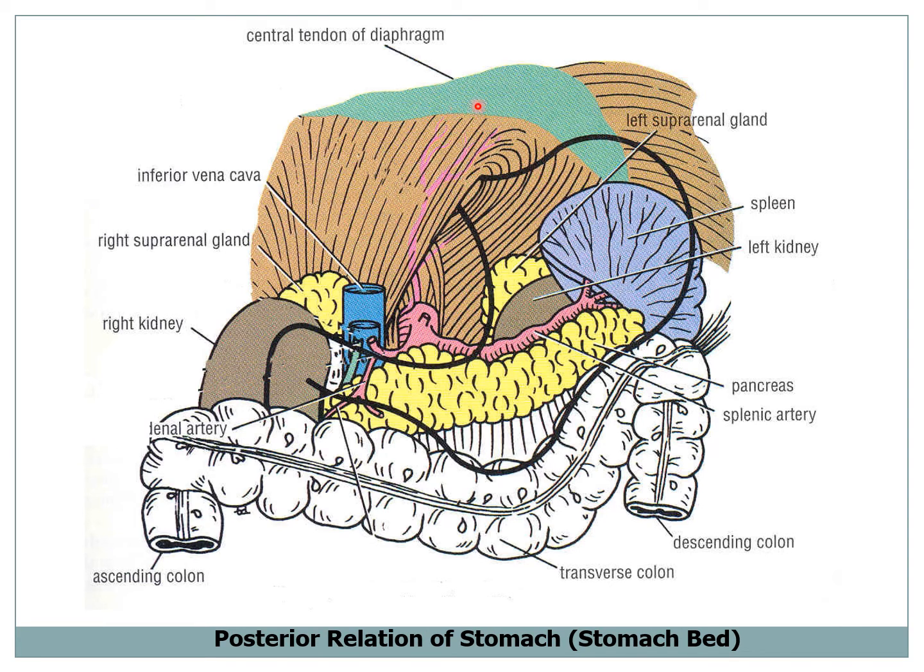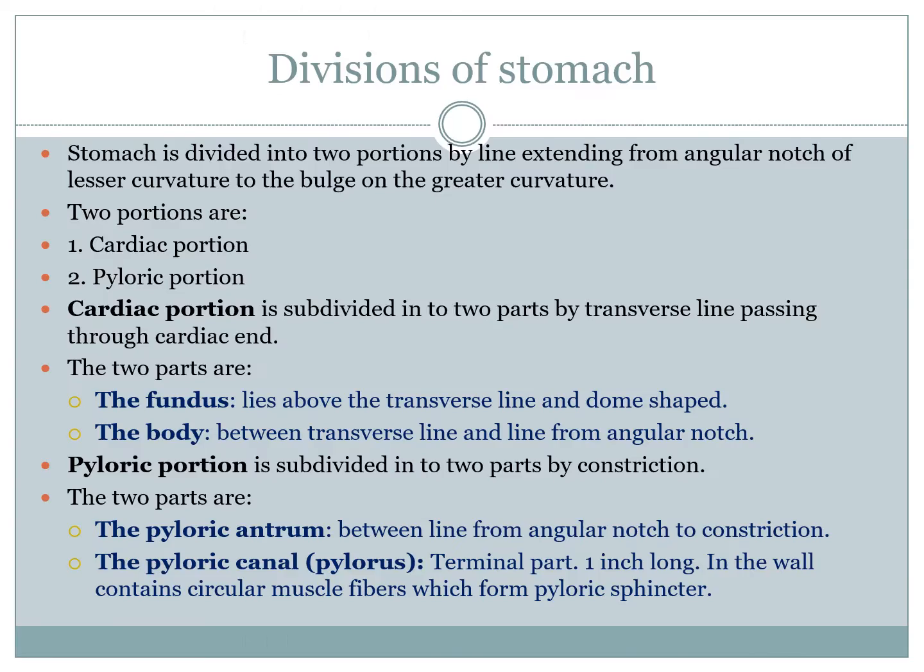This is the central tendon of the diaphragm, here there is the left suprarenal gland, splenic artery, spleen, left kidney, left suprarenal gland, transverse colon, here there is the pancreas, this is the body of the pancreas, splenic artery, here there is the right kidney, this is the transverse colon and this is the descending colon. So this relation is called the stomach bed or the posterior relation.